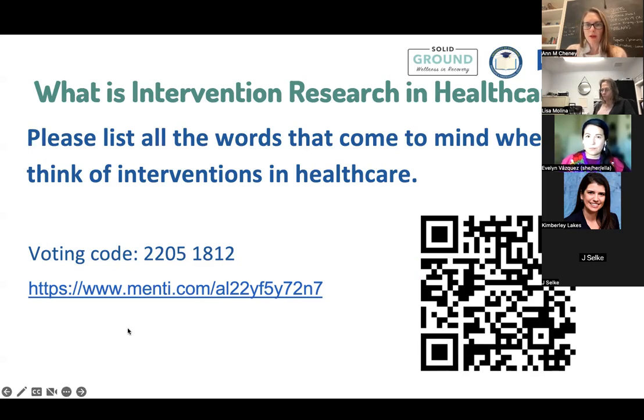I'll give you another minute to make sure you scan the QR code or put in the voting code for Menti. And again, remember, the task is to list all the words that come to mind when you think of interventions in healthcare, and specifically in the context of intervention research.